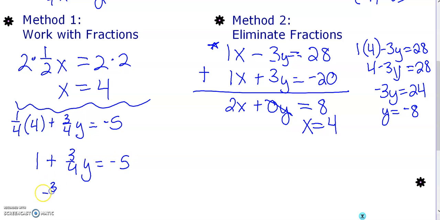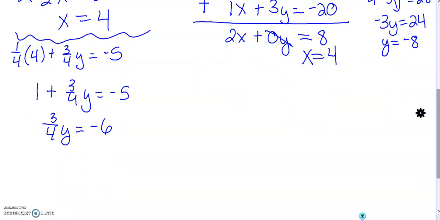Subtract 1 on both sides. And then I'm going to multiply by the reciprocal, which is 4/3.